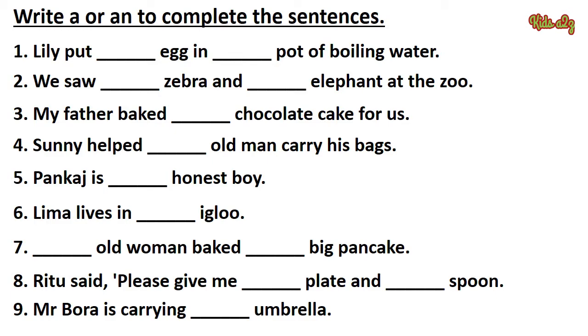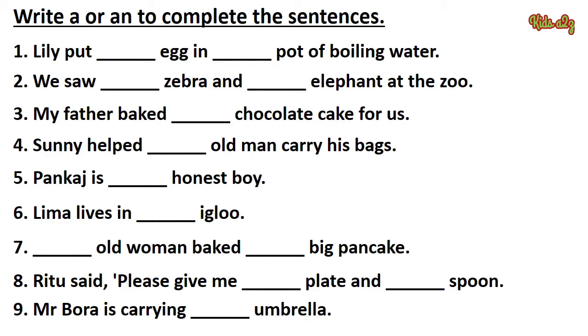Question number 3, my father baked dash chocolate cake for us. Here kids need to write a. Question number 4, Sunny helped dash old man carry his bags. Answer is an.